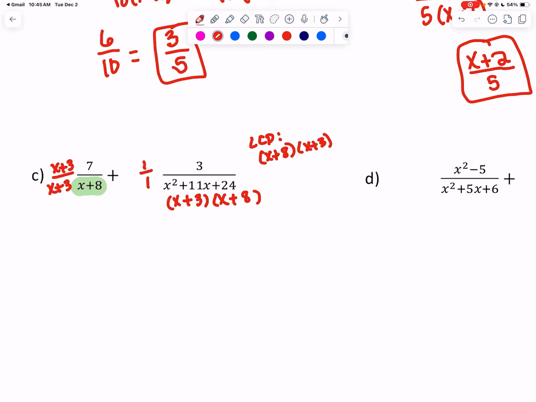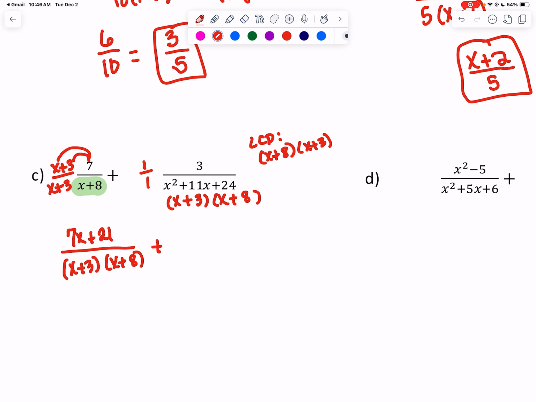Okay, so let's deal with the first fraction. We need to multiply this 7 by the x plus 3. So 7 times x gives us 7x. 7 times 3 gives us 21 over x plus 3, x plus 8.